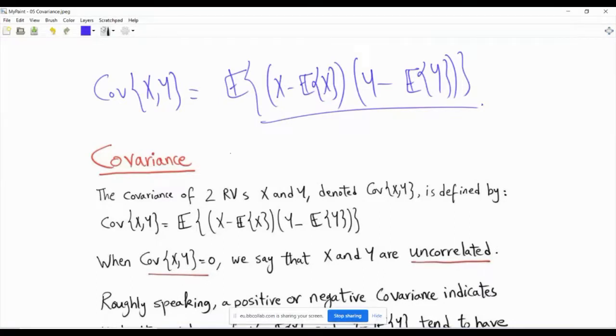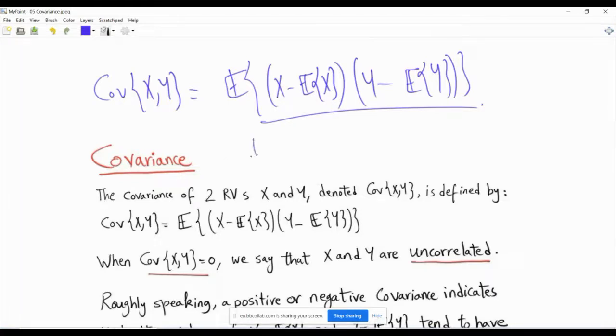The covariance can be equal to 0, it can be positive, and it can be negative. If the covariance is equal to 0, then we have a term that is used a lot in probability and statistics: we say that the random variables are uncorrelated.